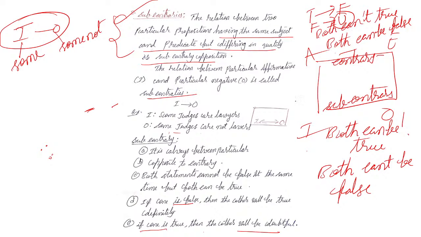Whereas in subcontrary, if one is true, the other one is doubtful. If one is false, the other one will be definitely true. Here both cannot be false; both can be true, but both cannot be false. These are the differences between contrary and subcontrary.